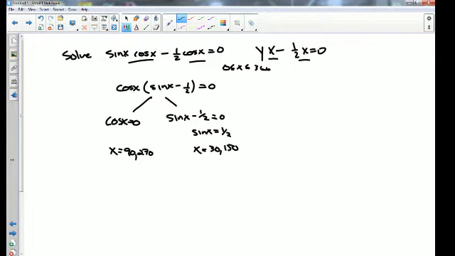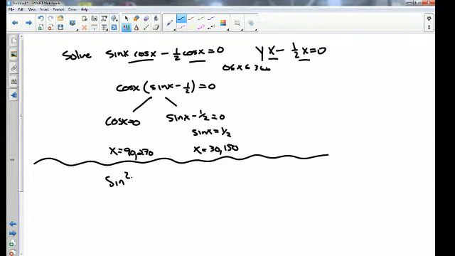Right. Here's another one. Let's solve this equation. I'm thinking through this because I'm making it up on the fly here.